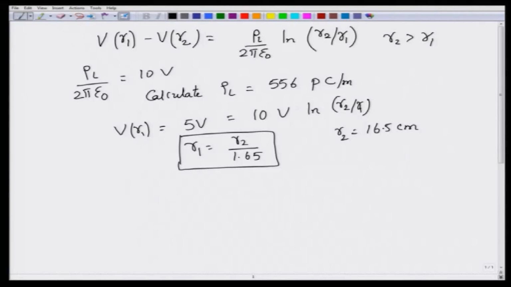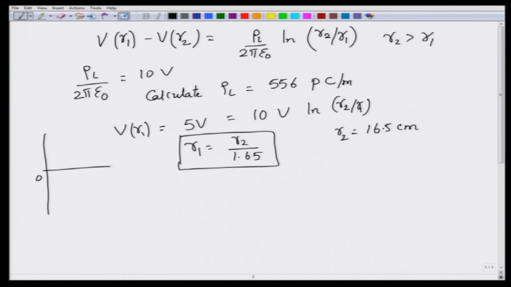If I choose this 16.5 centimeter circle as the 0 volt constant potential contour, what will R1 be such that the potential there is 5 volts? It turns out that if R2 is 16.5 centimeters and I want to obtain 5 volts, then R1 must be equal to 16.5 by 1.65, which is 10 centimeters. I am calibrating everything in terms of centimeters. This is the infinite line charge.